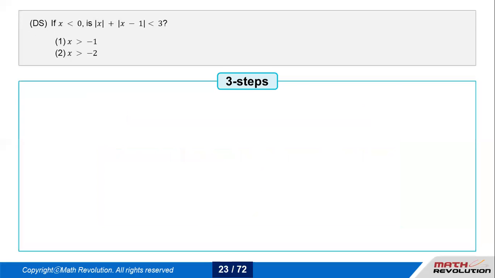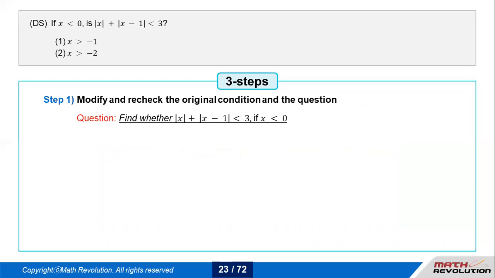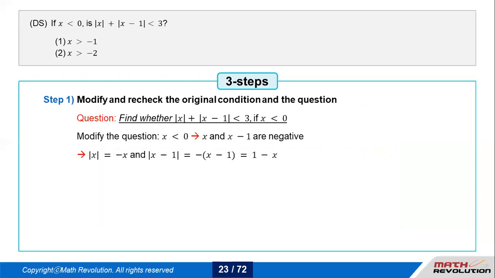Now, if you see the approach here, let's modify this particular question stem or the original condition. As I said, in inequalities and absolute value, you always modify a lot. So if x is less than 0, x and x minus 1 have to be negative. So mod of x would be negative x, and mod of x minus 1 would be negative of x minus 1, which is 1 minus x.